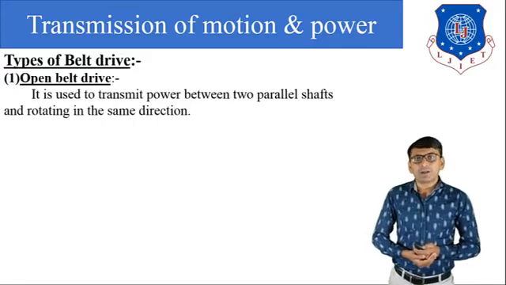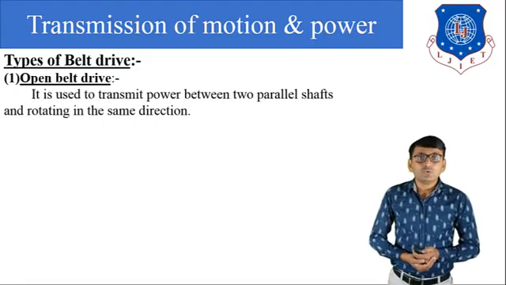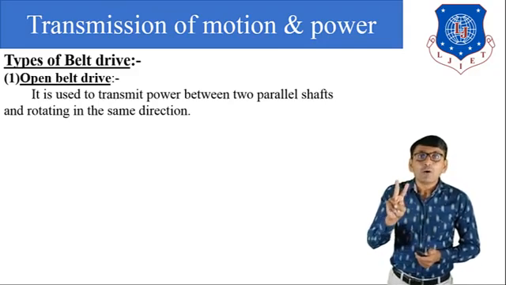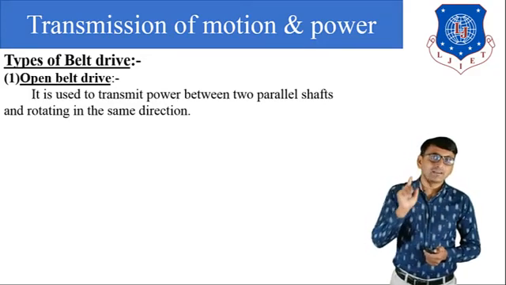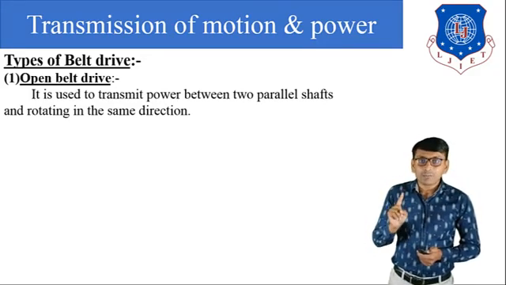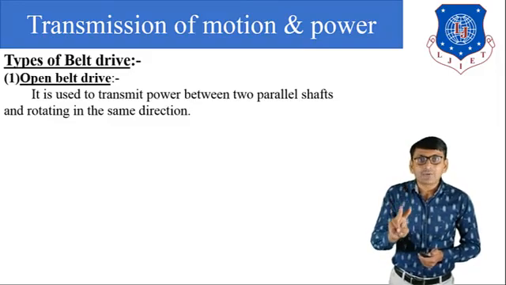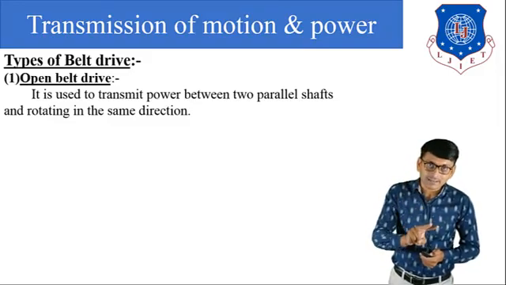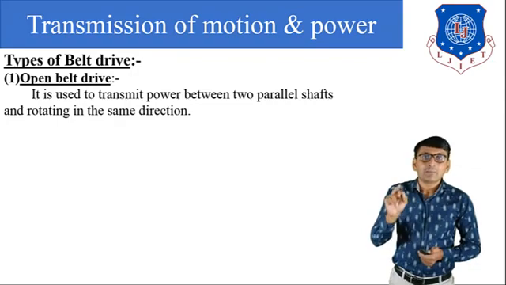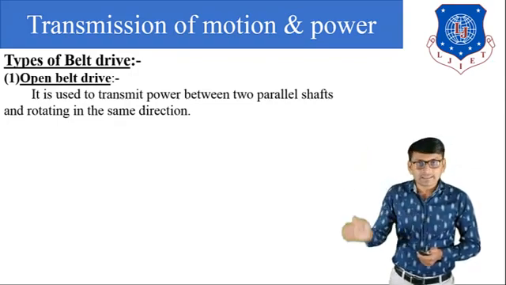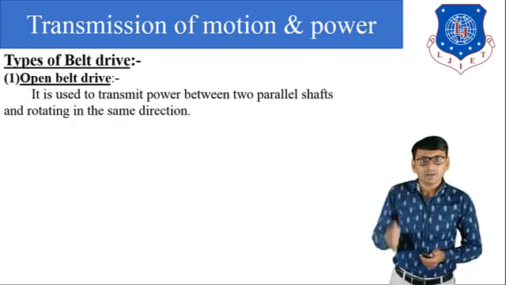Open belt drive is used to transmit power between two parallel shafts rotating in the same direction. So in open belt drive, two shafts rotate in the same direction, and this belt drive is used to transmit motion and power from one shaft to another shaft.